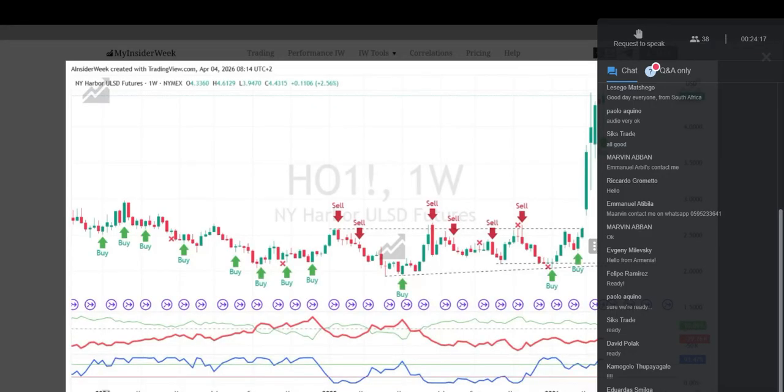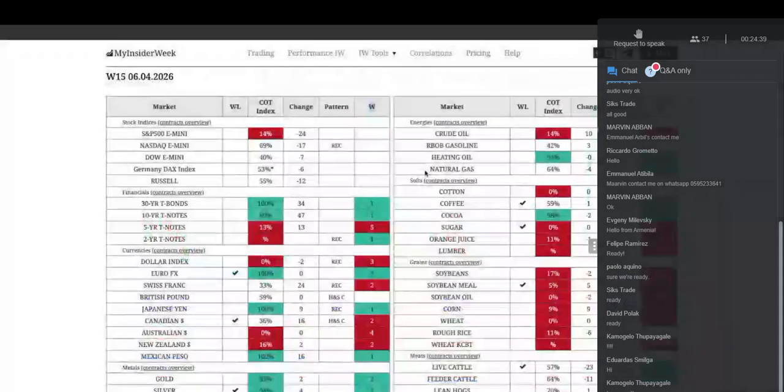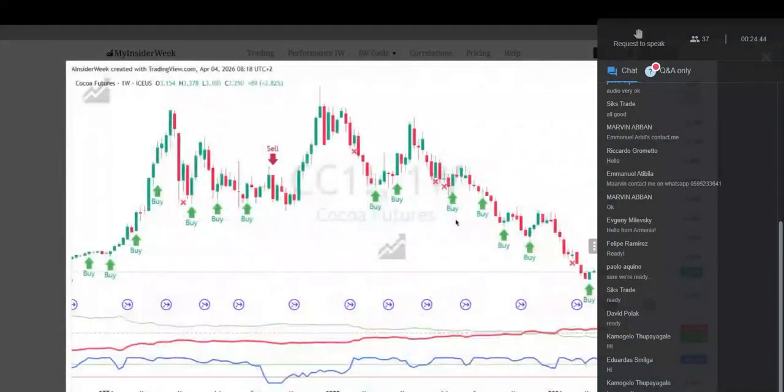So as you can see, I showed you before metals, gold, I showed you before silver. So here, as you can see, heating oil, I showed you before soybean oil, and one market which was also in a downtrend was cocoa. But if you take a look at cocoa, you will find that we don't have here a sell signal. So we have here downward trend, strong downward trend.